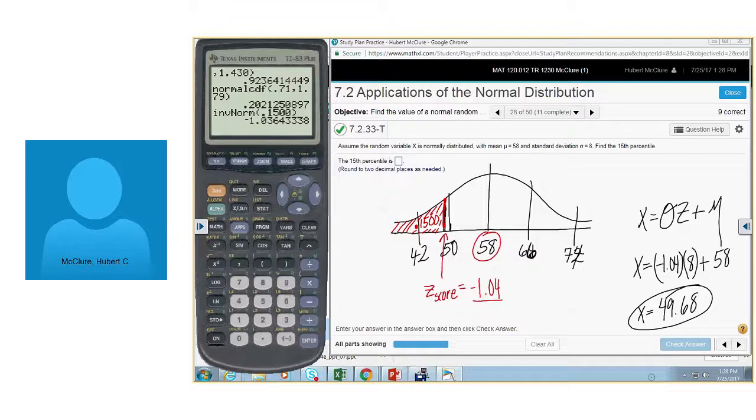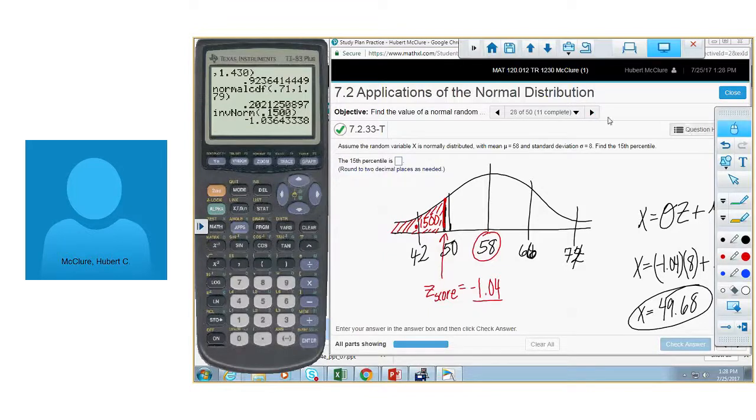Any questions? That's a good test question, because the ones that we're going over are good test questions. Okay, let's do another. I couldn't figure out how negative 8.32 ended up with 68.